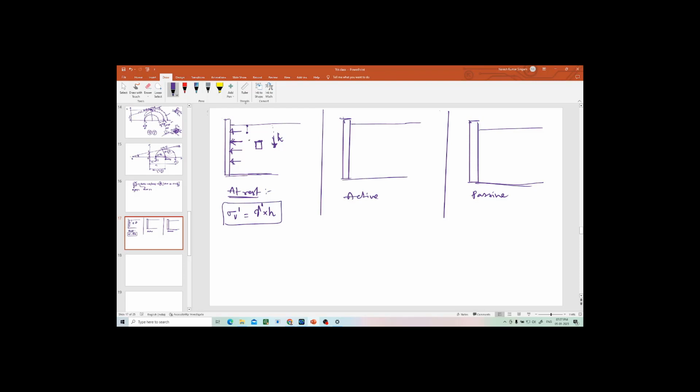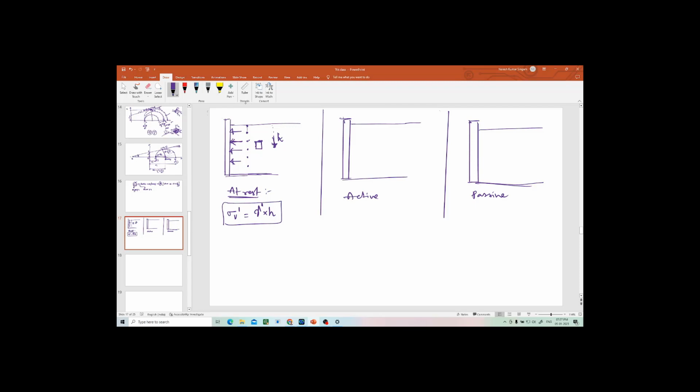Like that, at every point you can find out the vertical stress sigma v dash. So vertical stress can be converted to horizontal stress. If it can be converted, then you can find out the horizontal stress.